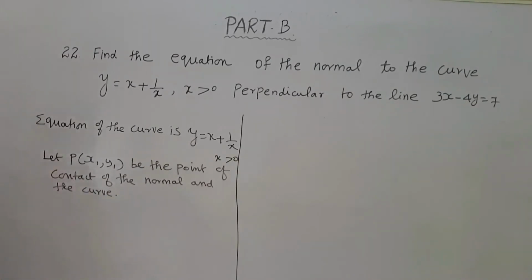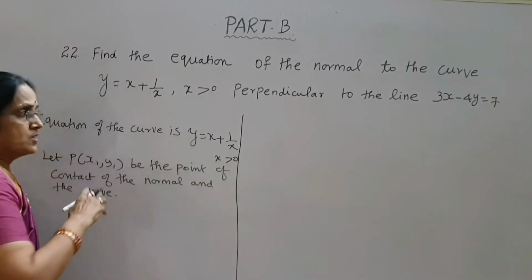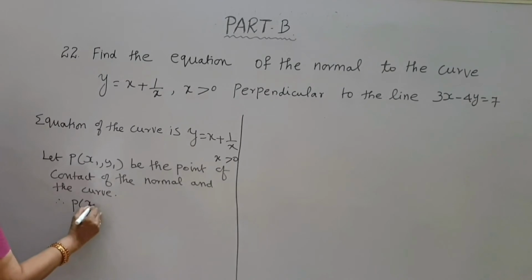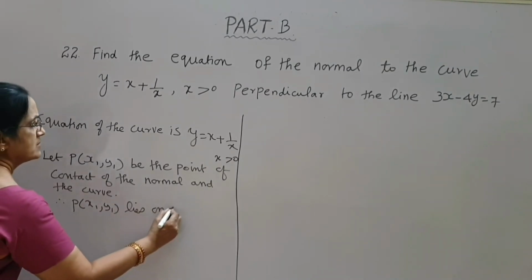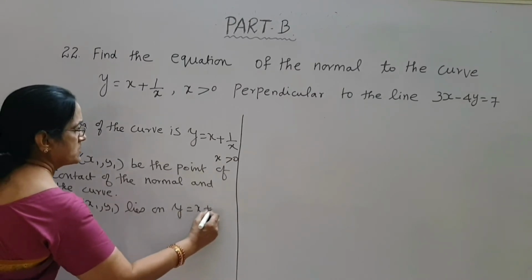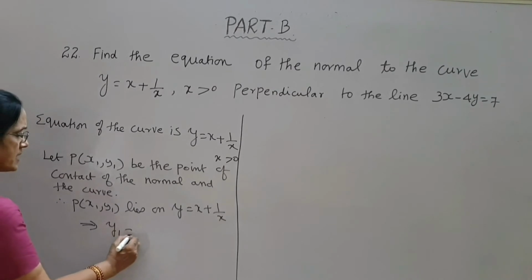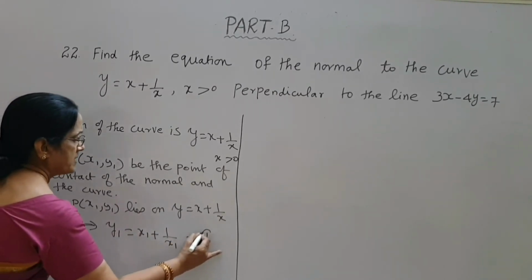Then x1, y1 will lie on this curve. Therefore, P(x1, y1) lies on y is equal to x plus 1 by x. That implies y1 is equal to x1 plus 1 by x1. Name this as 1.